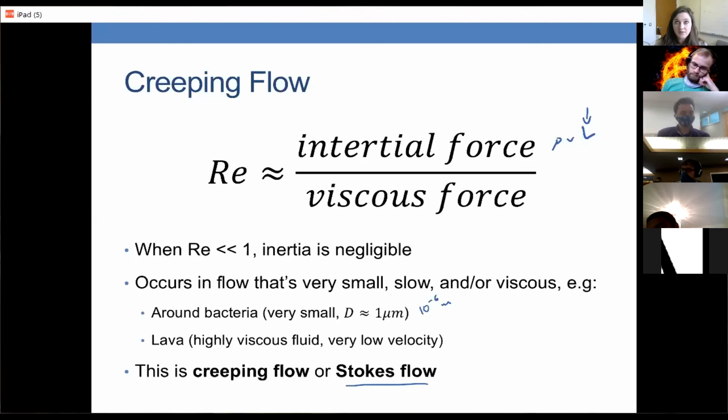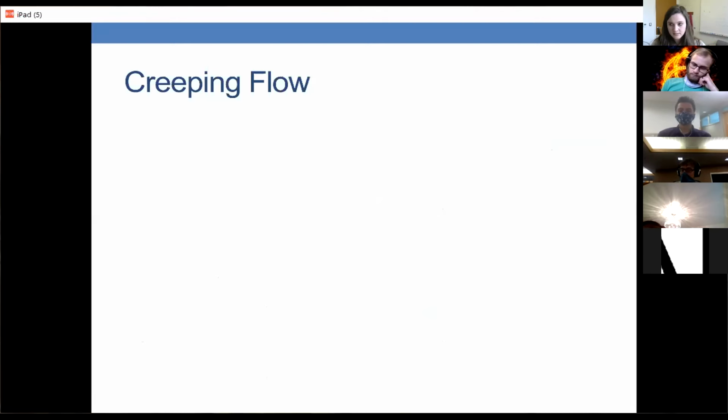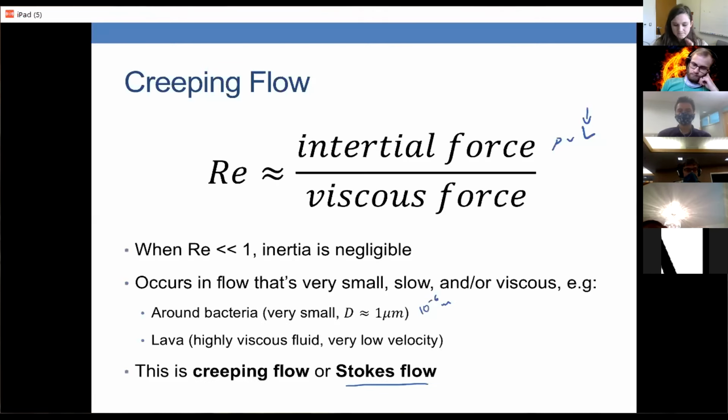That would have a pretty high velocity, but the bacteria is still so small, it would probably still be creeping. But obviously the higher the velocity is, the less you would get this. Okay, so because the length is just so small, the top part just becomes insignificant.